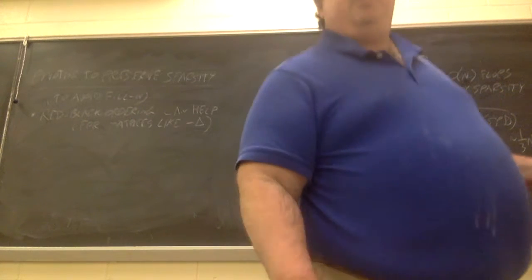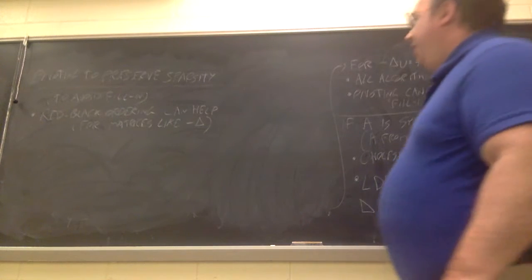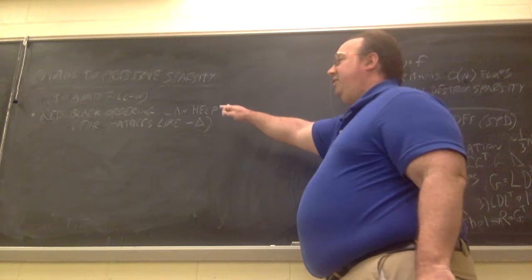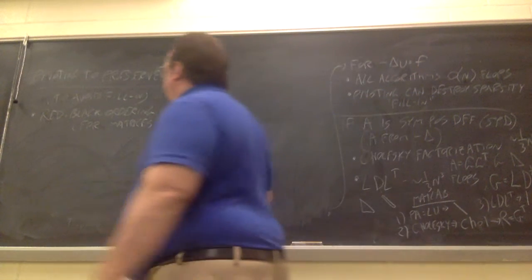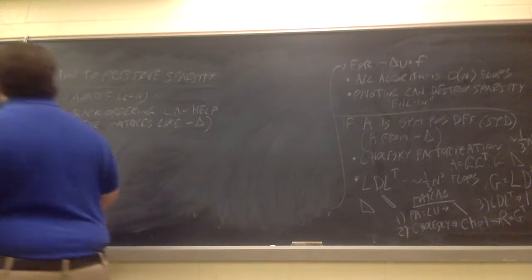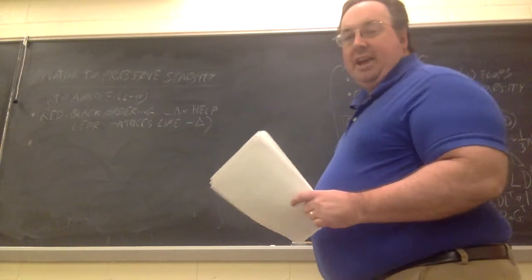But you may have other matrices that come from a PDE that do not have such a nice structure, so red-black ordering may not help. So this technique is effective, but it's very limited in the cases you can apply it to. Okay, so what can you do instead?